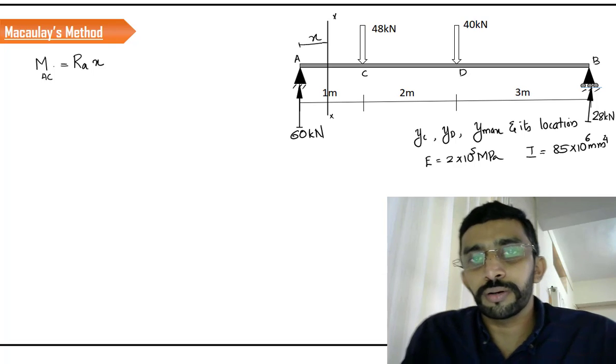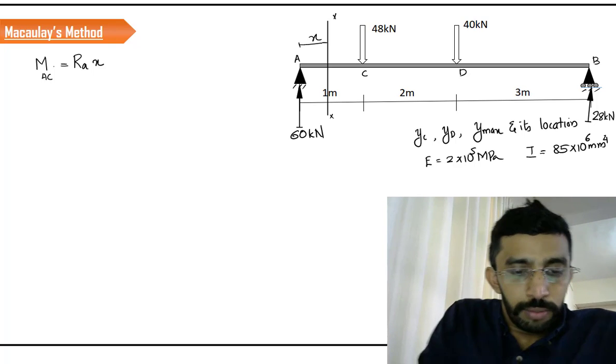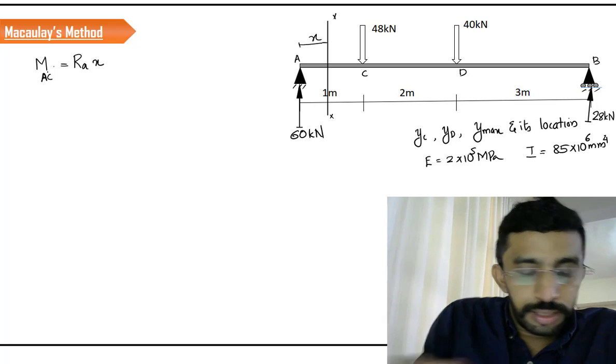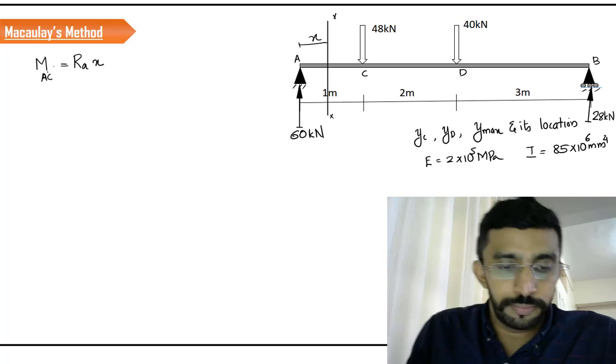Altogether it constitutes 88 kilonewton. So the moment in the section AC can be represented as RA into X.